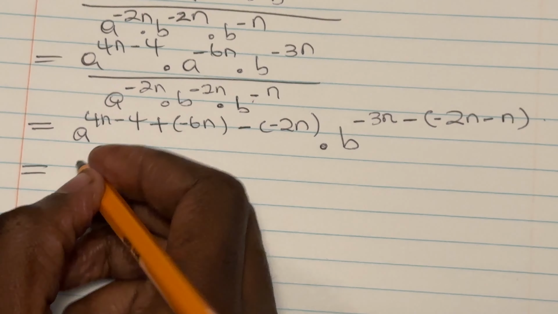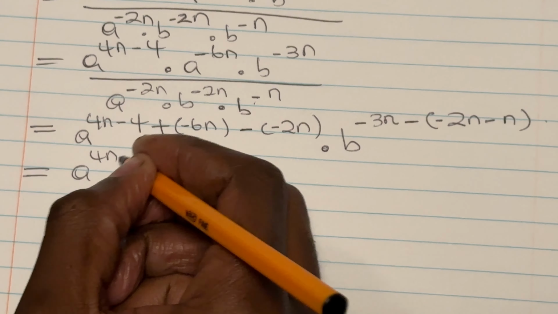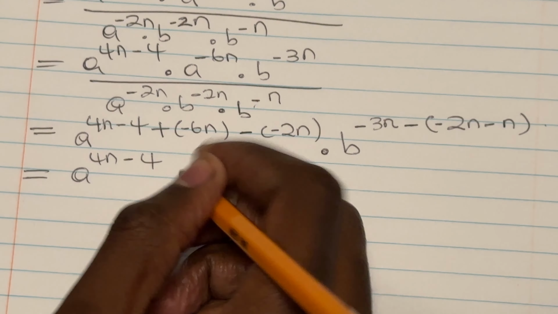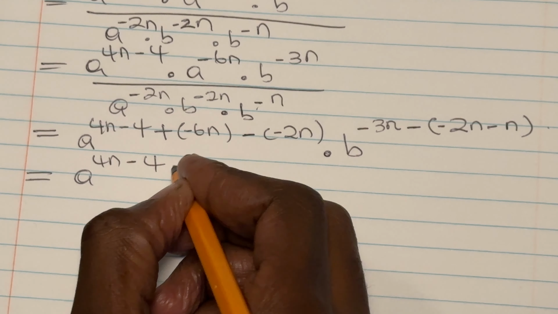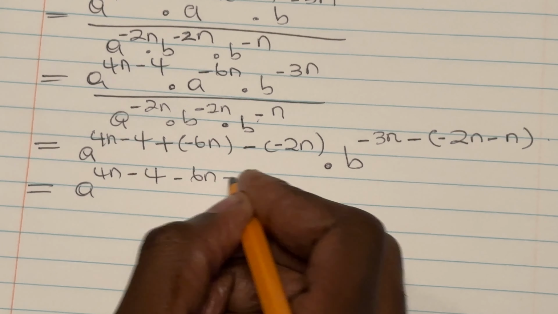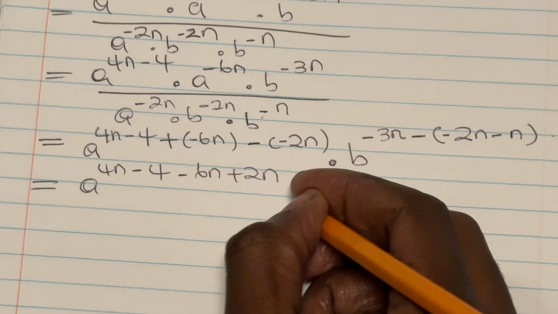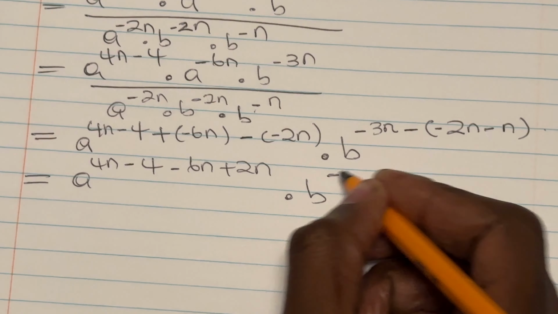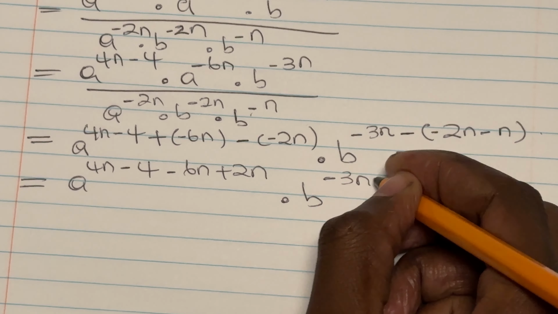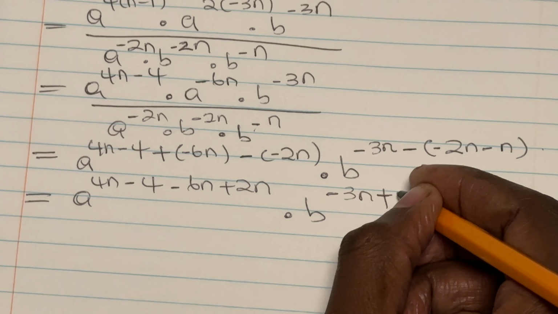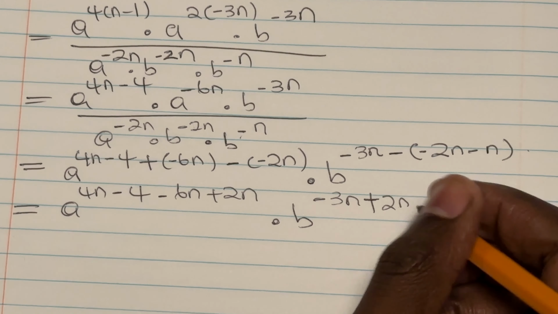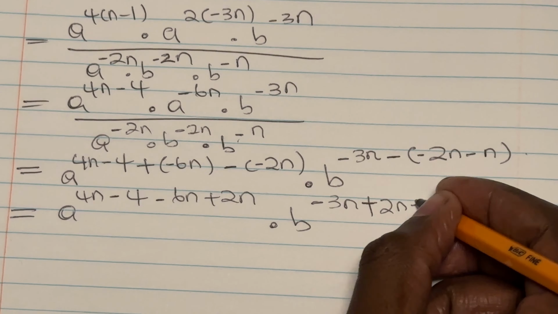So below you're going to have a^(4n minus 4), then negative 6n plus 2n. Also this side for b is going to be negative 3n plus 2n, also plus n.